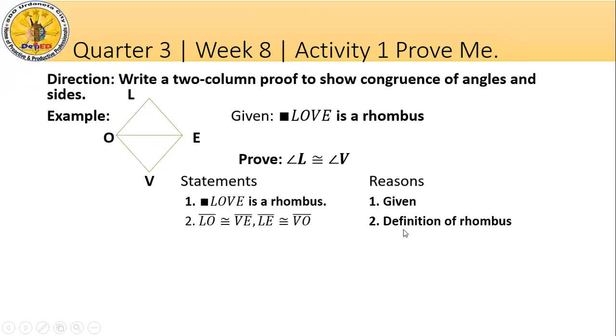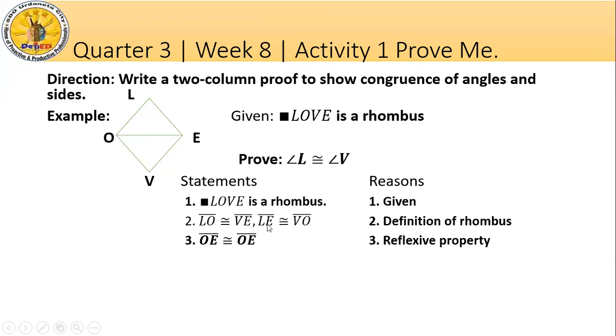Because the definition of a rhombus states that it has four equal sides, so all the sides of the rhombus are congruent. Now, what other parts of the two triangles must be congruent? You are sure of it because it is the common side. Line segment OE is congruent to line segment OE by the reflexive property.